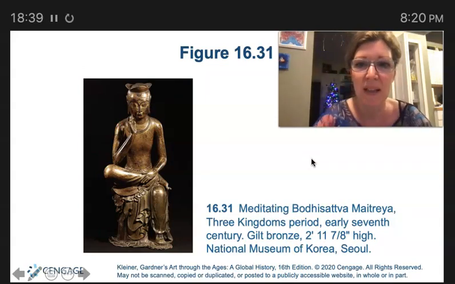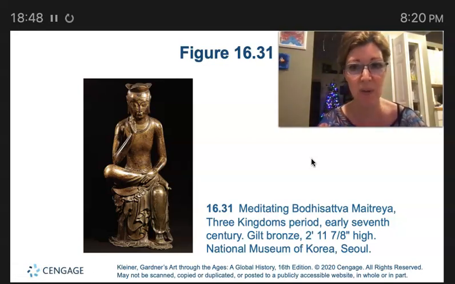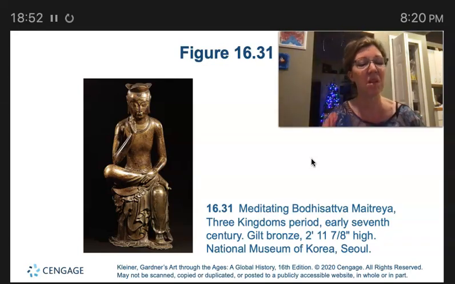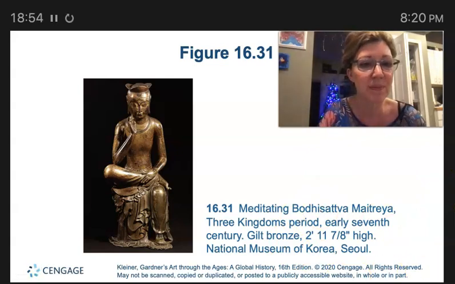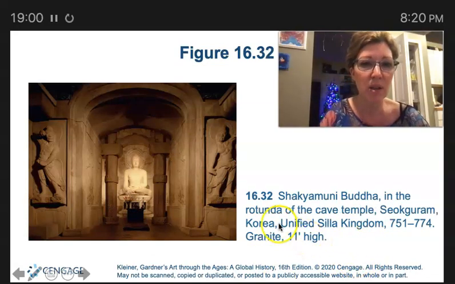Okay, this meditating bodhisattva was made at the time of the introduction of Buddhism to Korea. Ethnically, the Koreans are related to the Siberians and the Mongolians. Not surprising. Okay, oh, this is huge. So Korea turned out to be the cultural link between China and Japan.